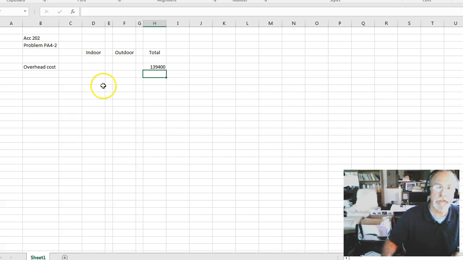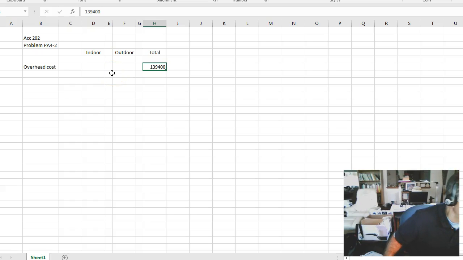And so as you might be able to tell at this point in time, we probably need to allocate this total overhead costs somehow between these two main products, indoor fans and outdoor fans.